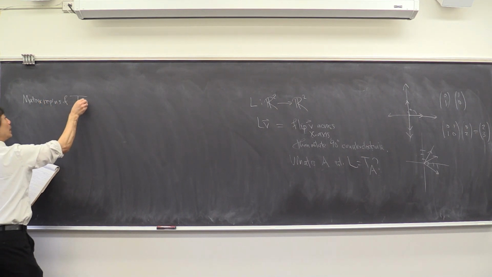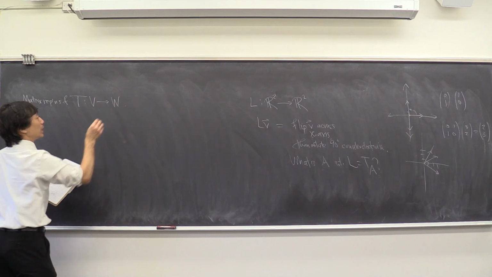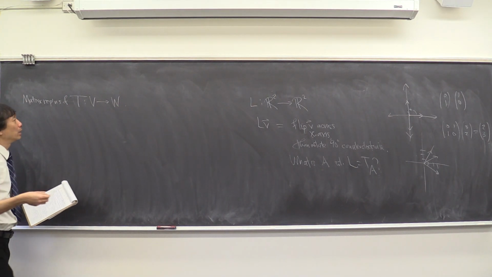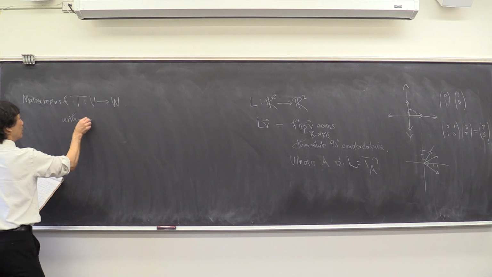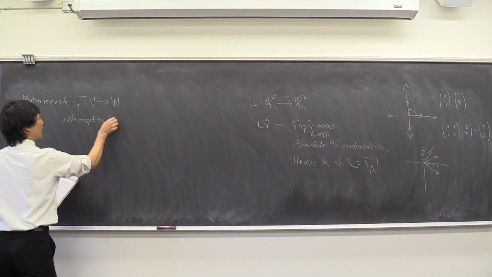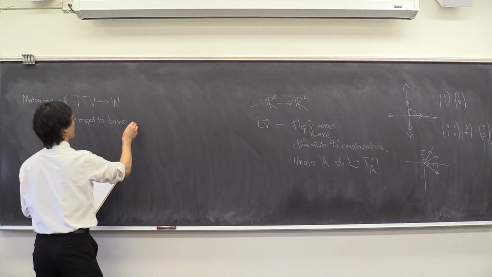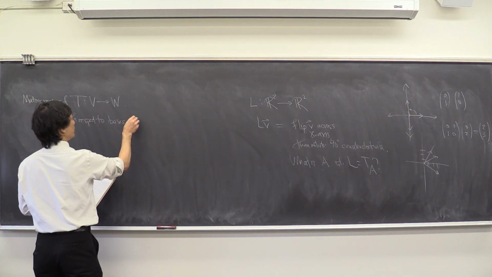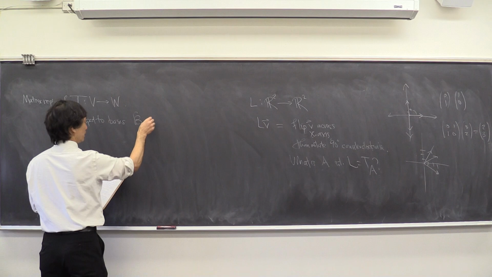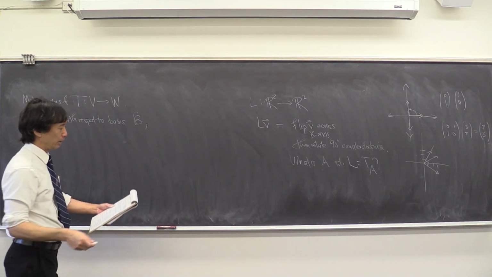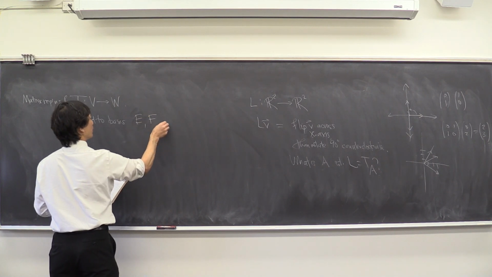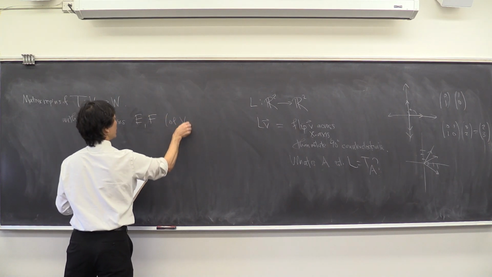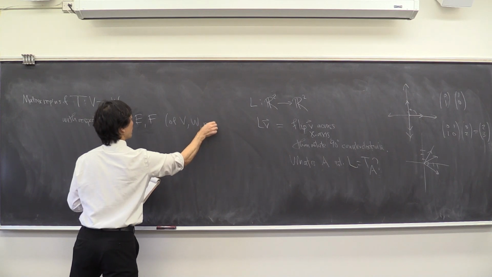of linear transformations from one vector space to another vector space with respect to bases, let me call them E and F, of V and W, respectively.